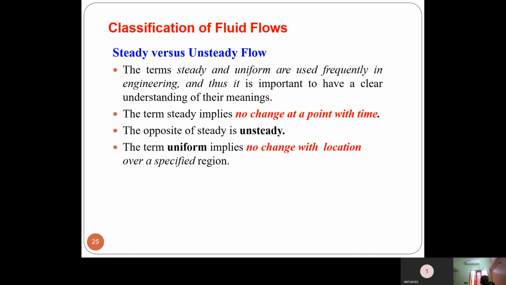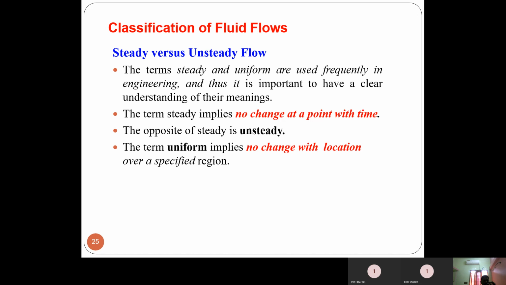Okay, steady means no change in any value at a point. Understand? For example, if a fluid velocity is not changing or is constant without any time change, then that flow is called steady flow.